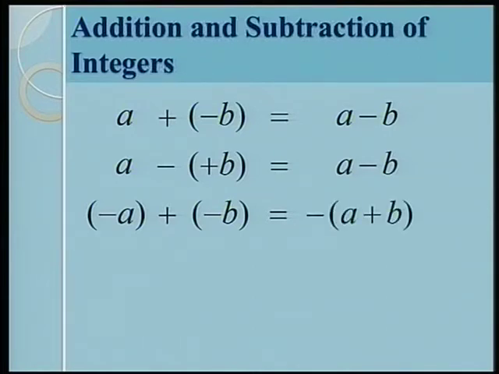We will add both numbers A and B and keep the negative outside the brackets. Thus, the sum will be negative.